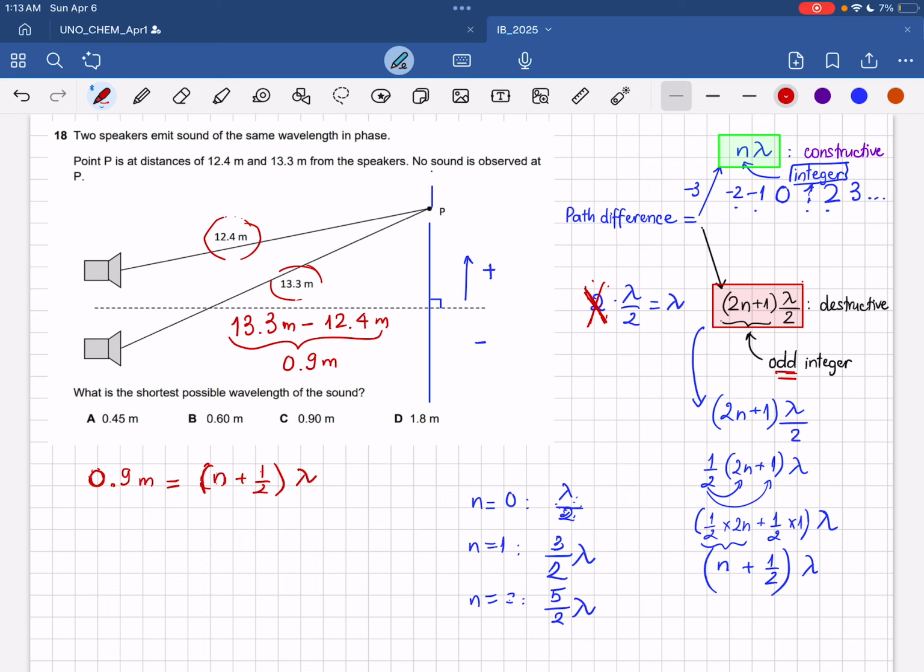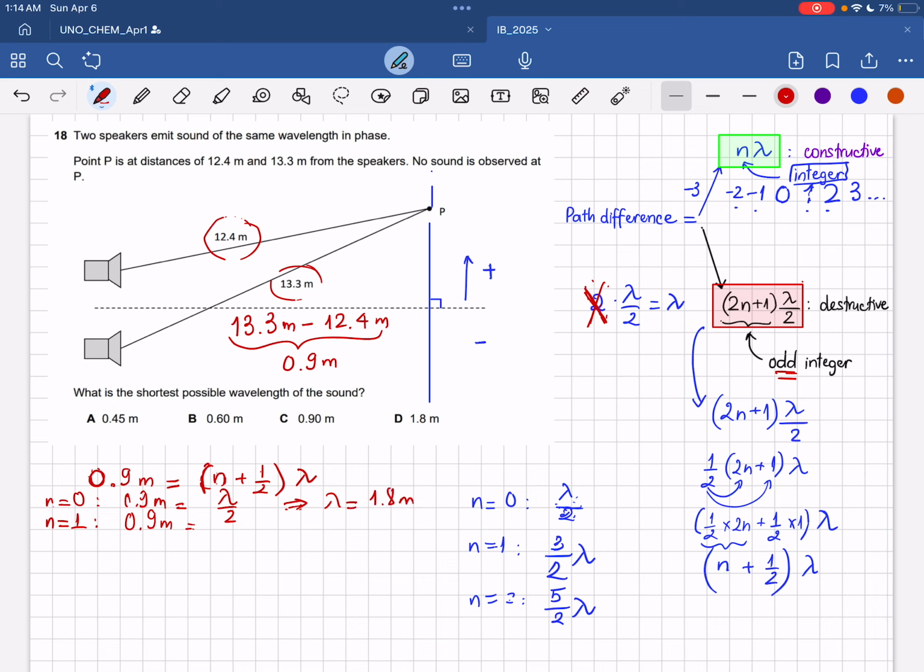When n equals 0, we start from 0, my bad, then 0.9 meter equals half of the lambda, so lambda equals 1.8 meter.